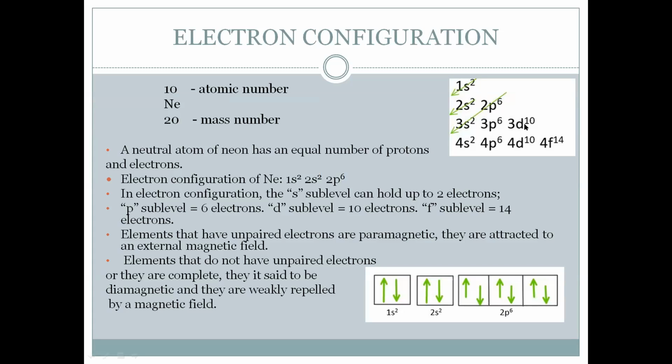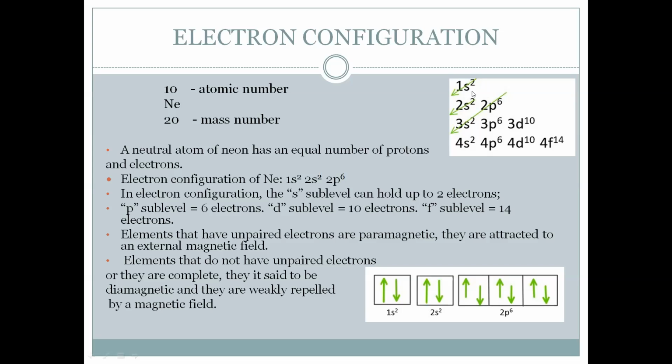To do that, we need this standard electron configuration. It includes the energy level and the sublevels. These numbers are what you call the energy levels, and these S, P, D, and F are the sublevels. Each sublevel can hold a specific number of electrons.